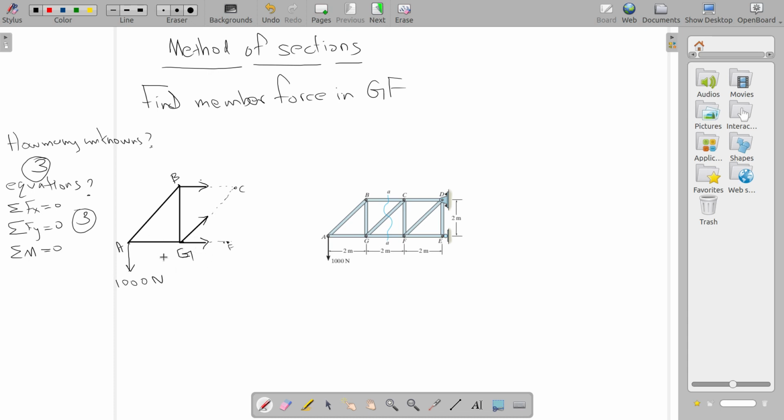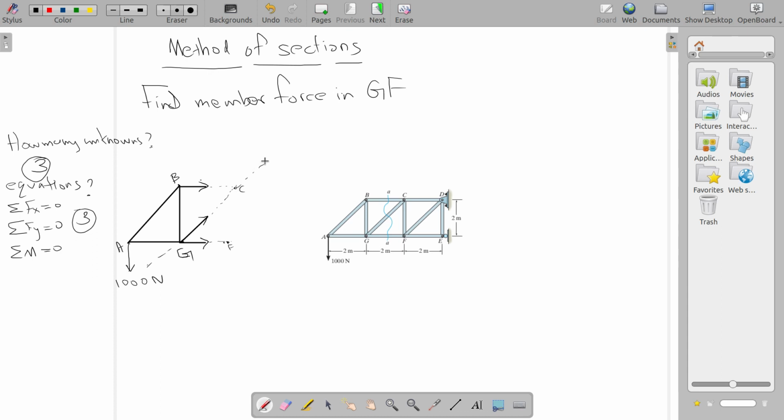But maybe in this problem there is actually a much easier way. We can further simplify the procedure. How do we do that? Always look at the unknowns. 1000 Newton known force, and these 3 are the unknown forces. What are the lines of action of the unknown forces?